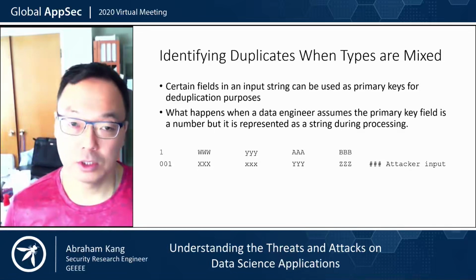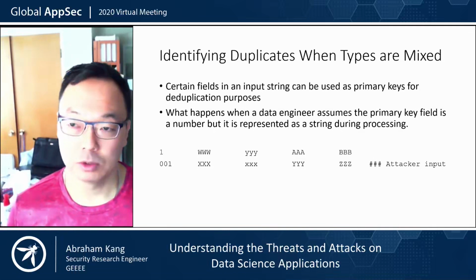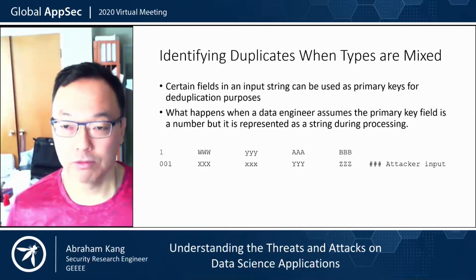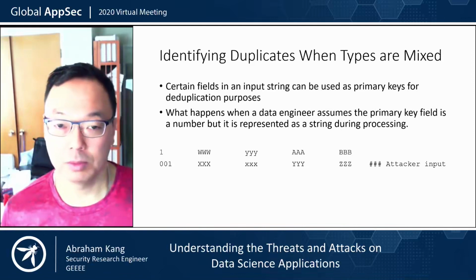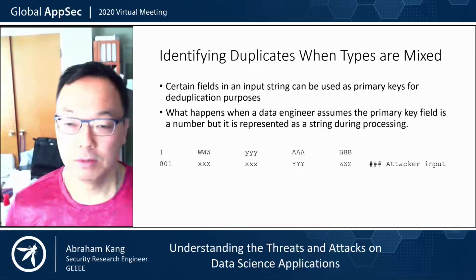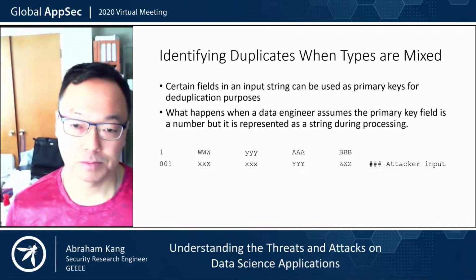So the other thing is there's this concept of windowing within these pipelines where they're going to look for duplicates. The way that they look for duplicates and throw those out is by specifying certain input fields as primary keys for deduplication purposes.